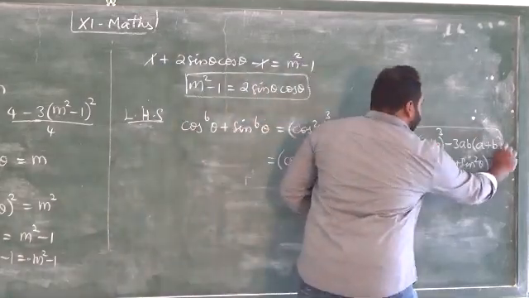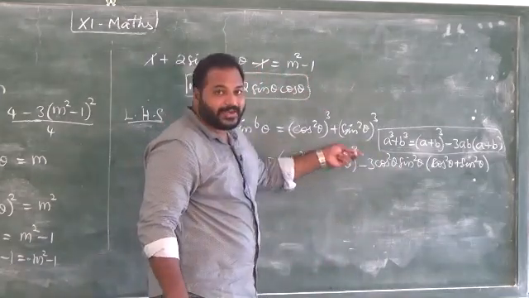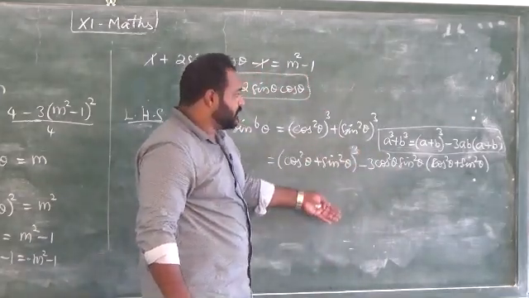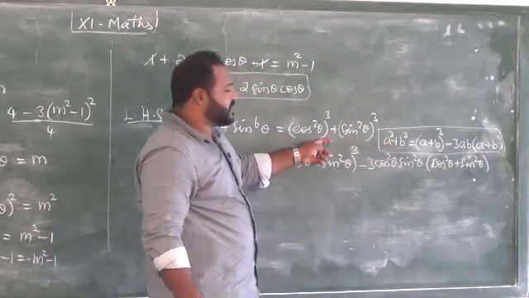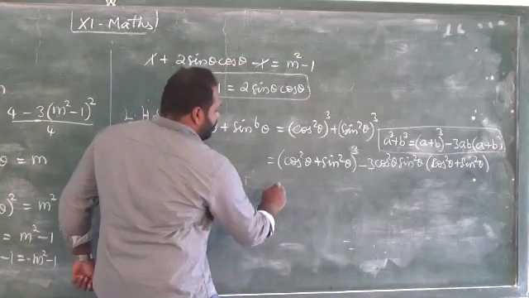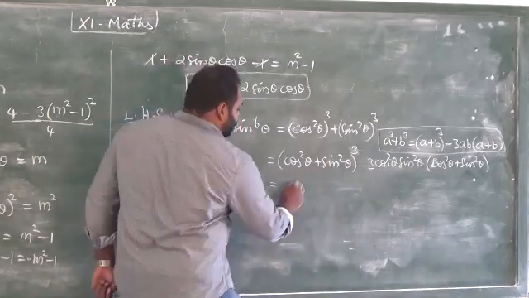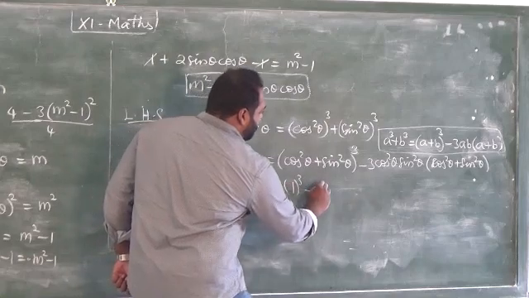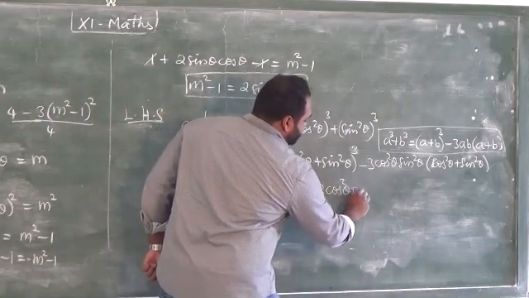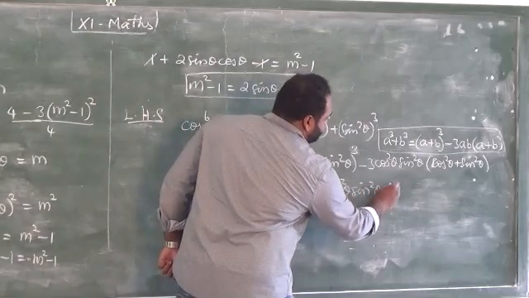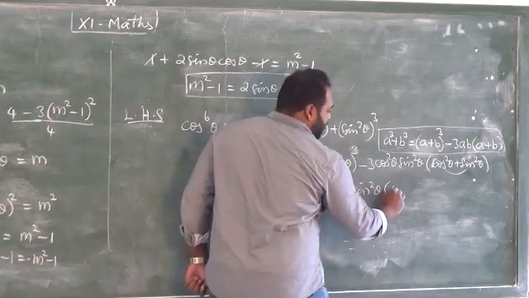So don't forget this formula. If you remember this formula, you will be able to proceed with the problem, because it's very important after this step. Now cos square theta plus sin square theta, we know that it is 1, so 1 cube minus 3 cos square theta sin square theta into, we know the identity cos square theta plus sin square theta is 1.